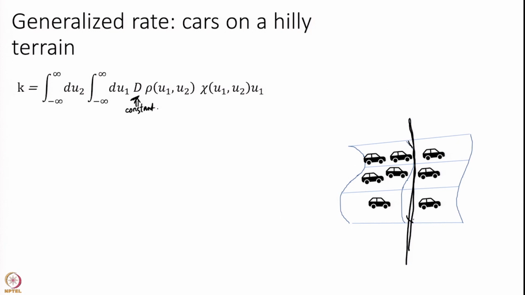Okay. So, here you might have a less density, here you have more cars passing through. So, what we are going to do, we are going to look at this d rho and we will call this d tilde, which depends not only on u1 and u2, but also on coordinate q2.